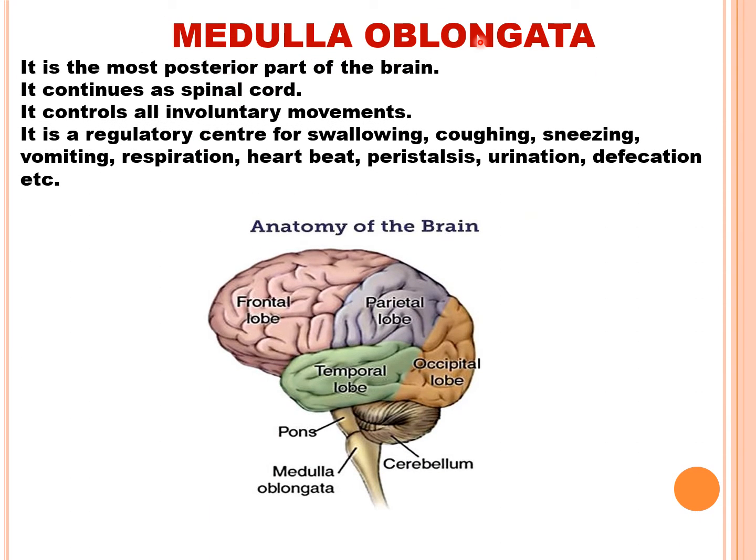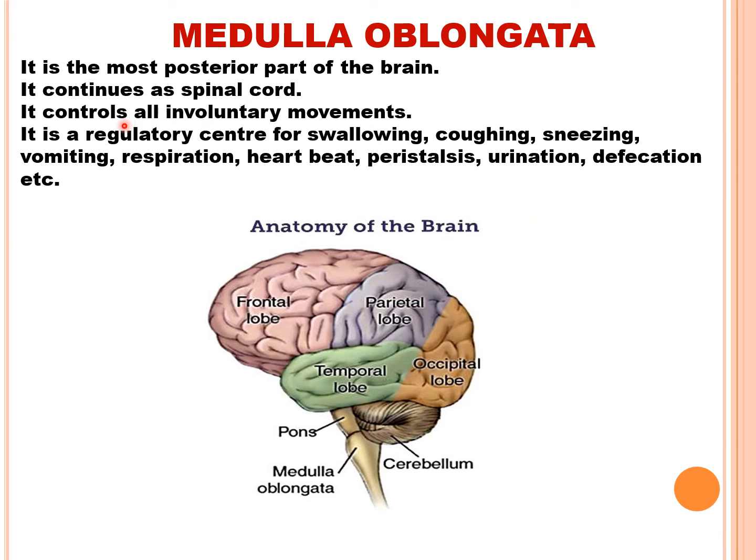Medulla oblongata. The medulla oblongata is the lowest portion of the brain, or you can say it is the posterior part of the brain. It is located at the base of the skull. The medulla oblongata continues as the spinal cord. It is responsible for controlling all the involuntary movements of the body.